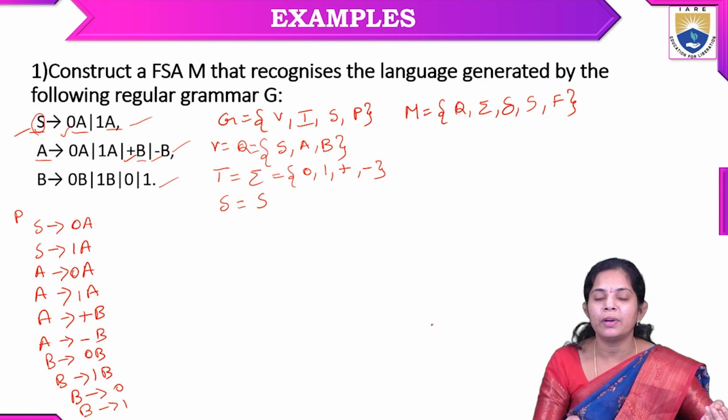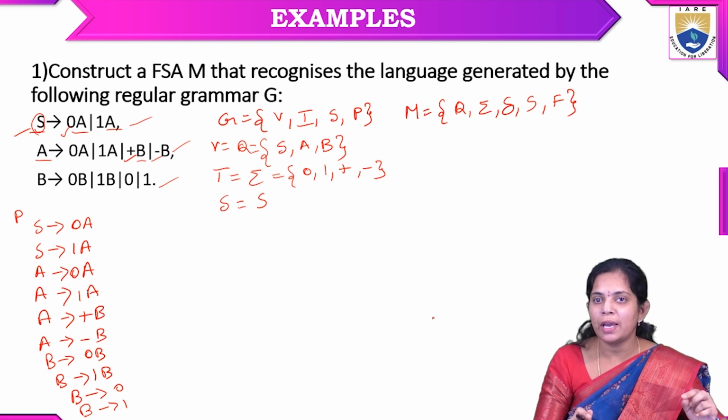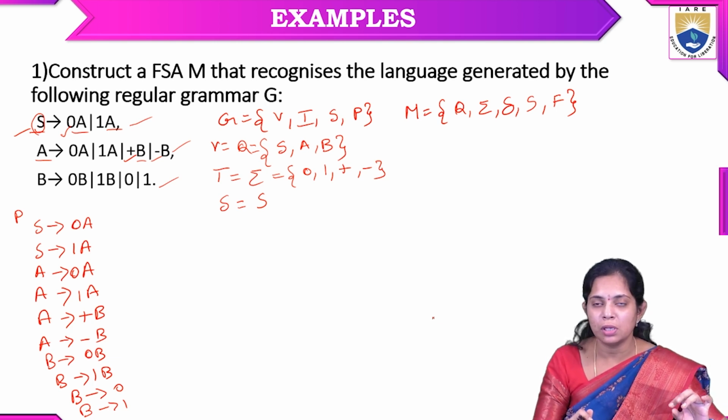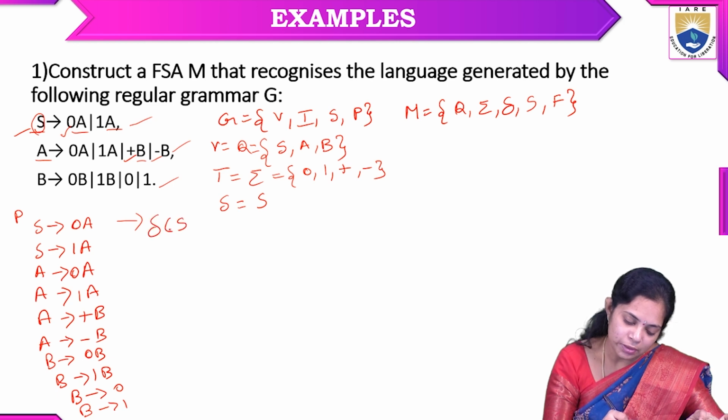How do we convert these production rules into a finite transition function? In the previous slide we discussed that there are two cases in the production rules. When the right side has a combination of terminal and non-terminal, we write the state name, and when it has only a terminal symbol, we write the new state. Here we take the transition from the present state to the next state.